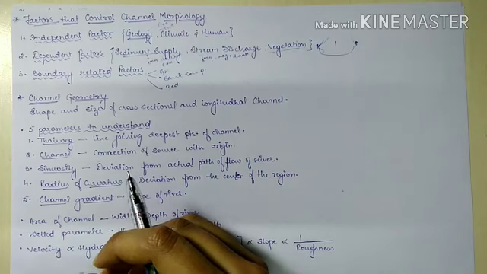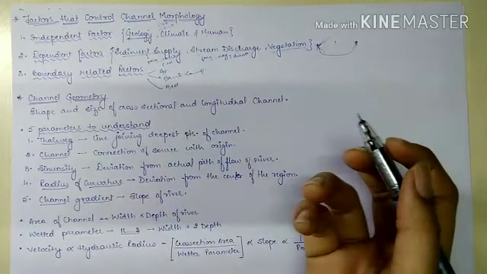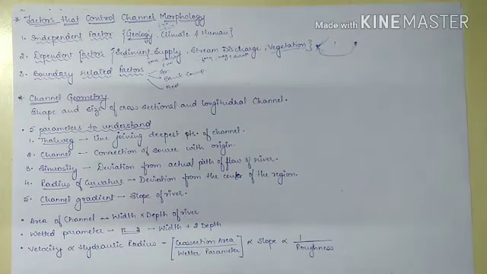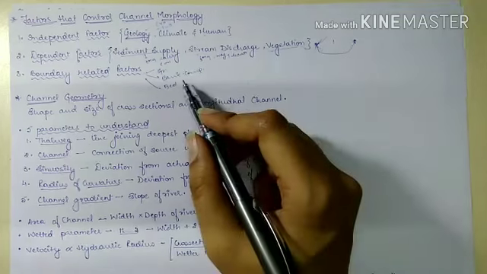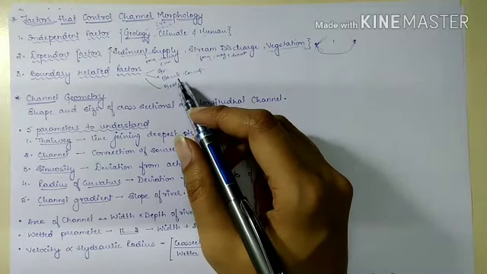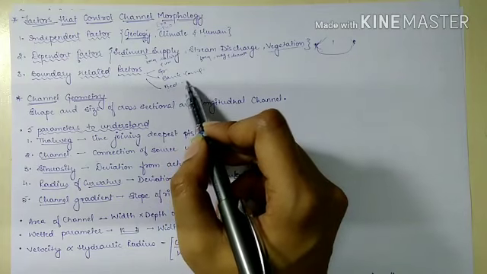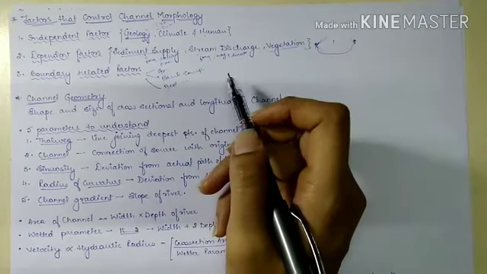So colluvial and compact-till-like materials, which are non-erodible, may limit the lateral and vertical channel migration, and they determine the stream channel alignment. So boundary related factors include gradient, bank composition, bedrock, and the last one is erodible material.